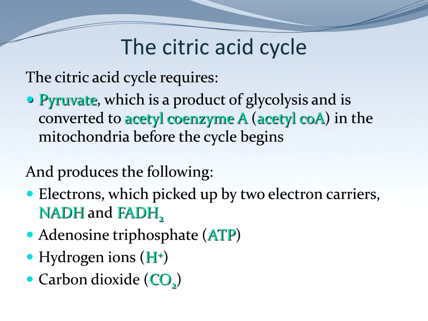These extracted electrons are picked up by electron carriers like NADH, as was also found in glycolysis, and a second carrier called FADH2. These 2 electron carriers, full of electrons, are the main products of the citric acid cycle. Other products of the cycle include a small amount of ATP, hydrogen ions, and carbon dioxide gas.